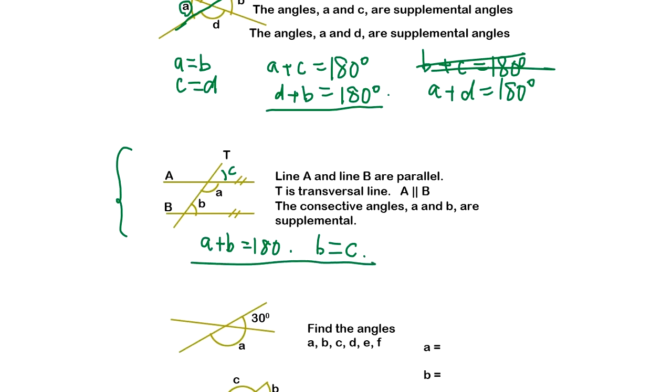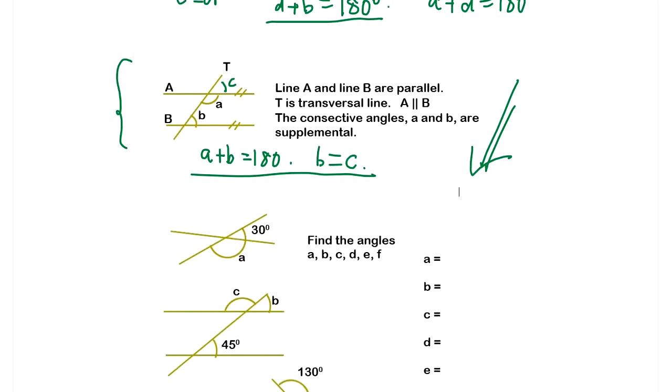You ask how to prove this. There's no proof. That's the way the parallel line is defined. Actually, this is the definition of Euclidean geometry in high school. In non-Euclidean geometry, this is not correct, but that's a high school subject. In elementary school, what you learn is Euclidean geometry. This is the definition of parallel.